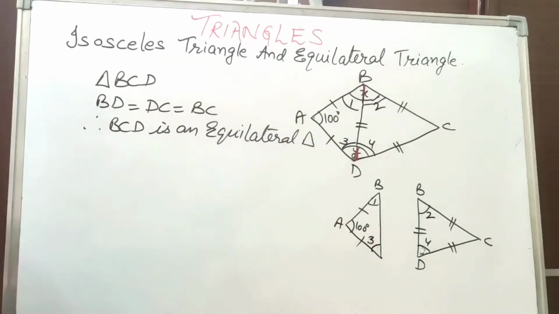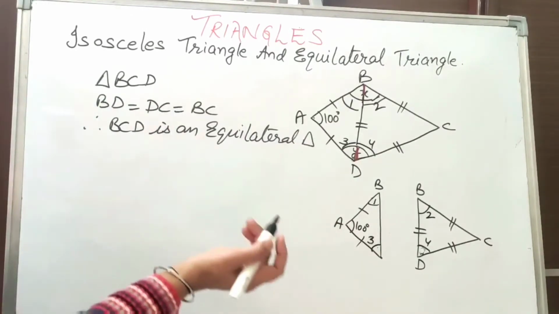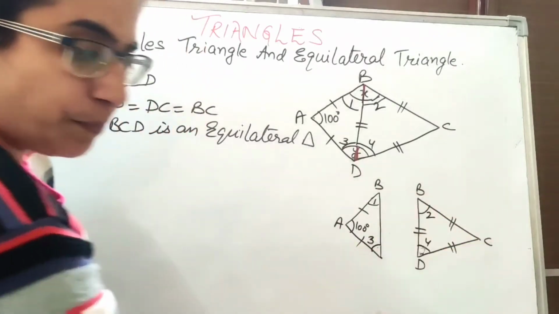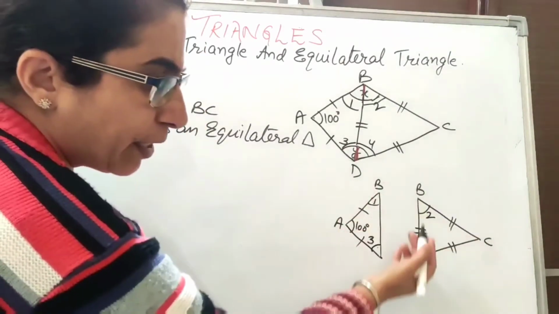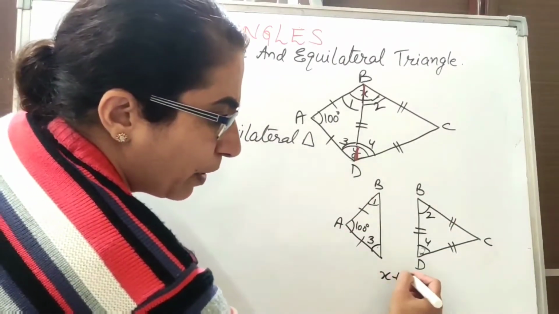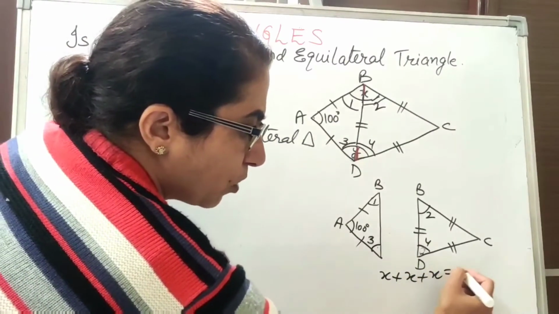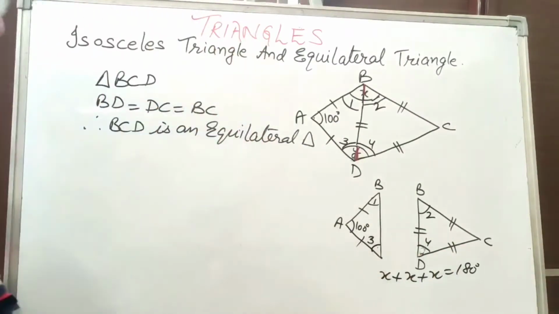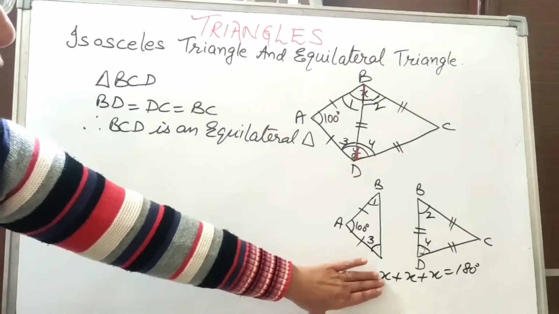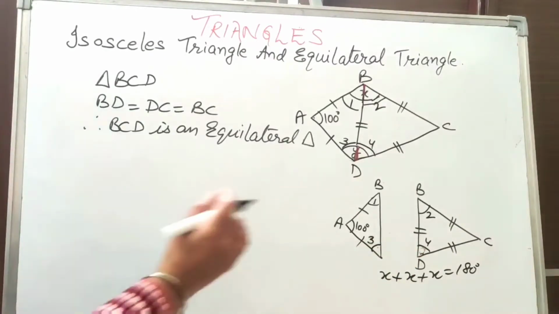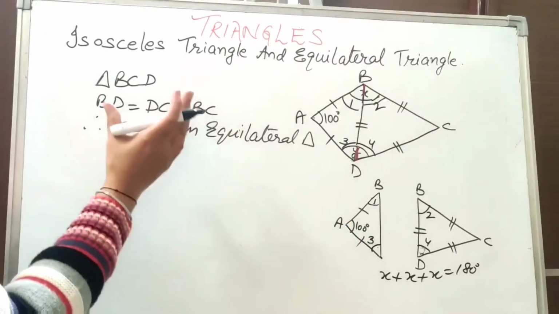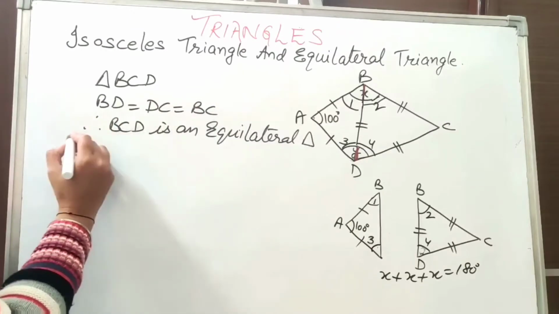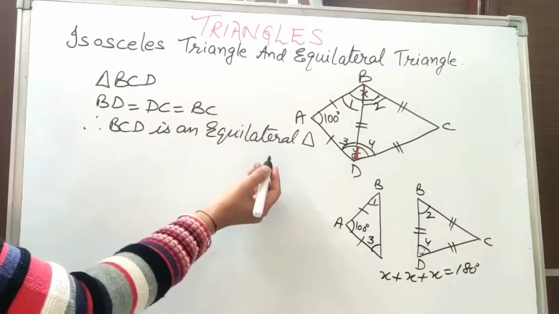This is the property of an equilateral triangle, because we know that the sum of three angles is 180 degree. So if I am taking all these angles as x plus x plus x is equals to 180 degree, after solving this equation we will get the value of x is 60 degree. So from here we can use directly that triangle BCD is an equilateral triangle.